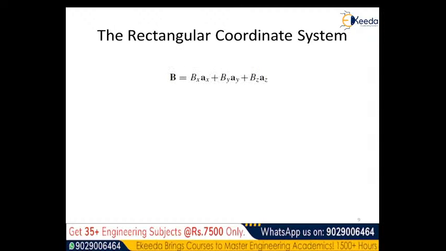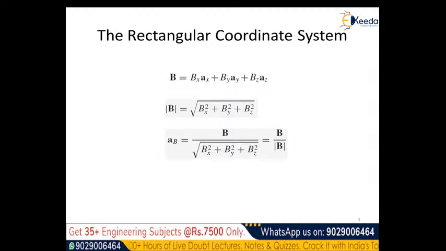The representation of a general vector was like this, having the magnitude components capital Bx, By, Bz and the unit vectors. For determination of the magnitude, this was the formula. For determination of the unit vector, we simply divide the given vector, here in equation 1, by its magnitude computed as per equation number 2. So this ratio will result in the unit vector.